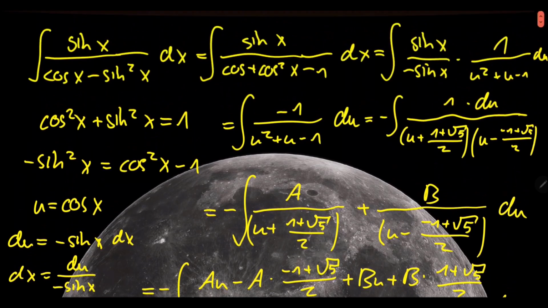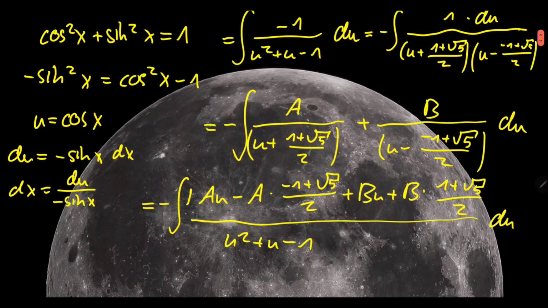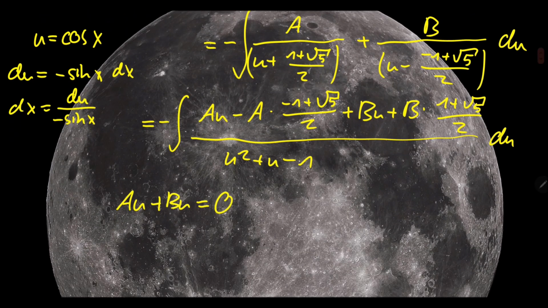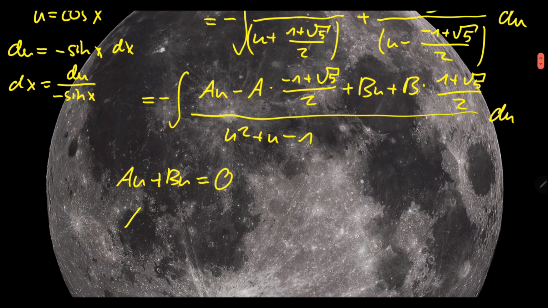Now, if we have a look at our original numerator, we see that all of this here should be equal to just 1. And so we don't want any u's in our new numerator. And that tells us that au plus bu should be equal to 0. But that can only happen if a is equal to minus b.